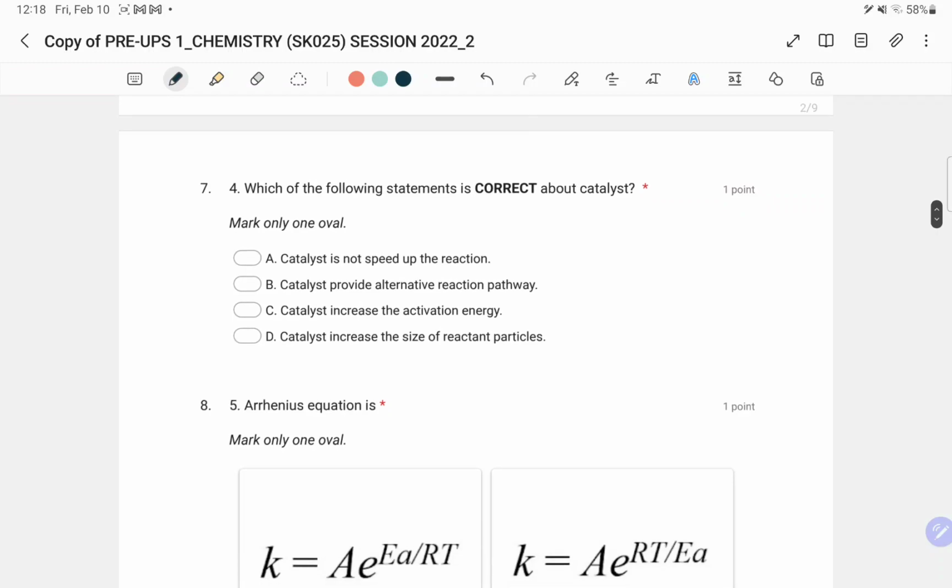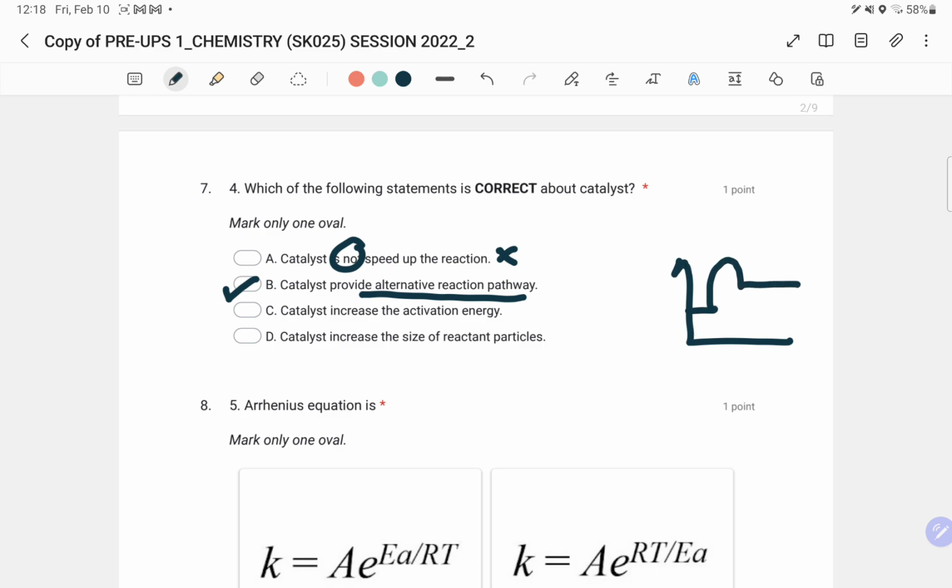Okay, question number 4. Which of the following statement is correct about catalyst? So catalyst dia provide alternative pathway. Dia bukan not speed up, dia speed up. So the word of not tu yang salah. Catalyst increase the activation, dia lower the activation energy. Kan kita buat eksperimen.